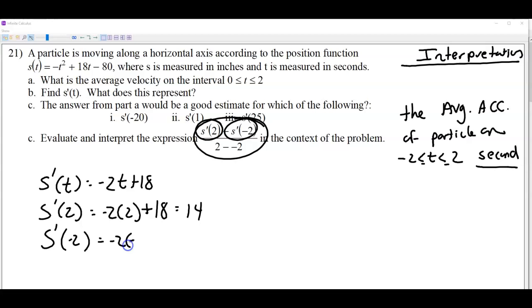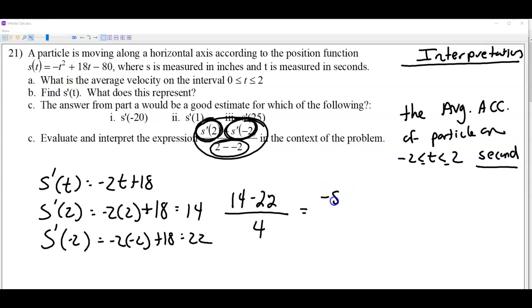So we'll be plugging negative 2 in there. And that's 22. So replacing these values here with the values we just calculated, we would have 14 minus 22 over 2 minus negative 2, which is 4. And that's going to be 14 minus 22 is negative 8 over 4, which is negative 2.